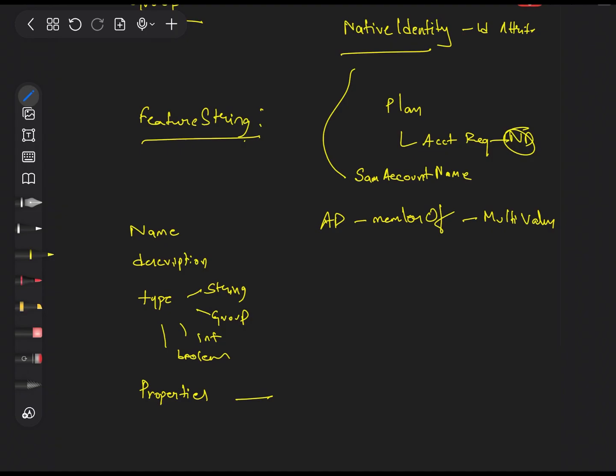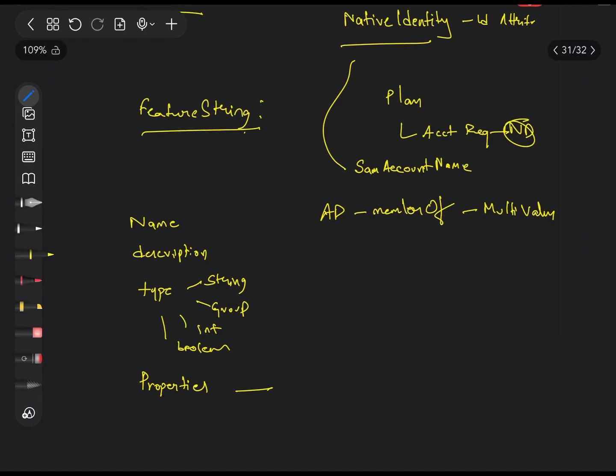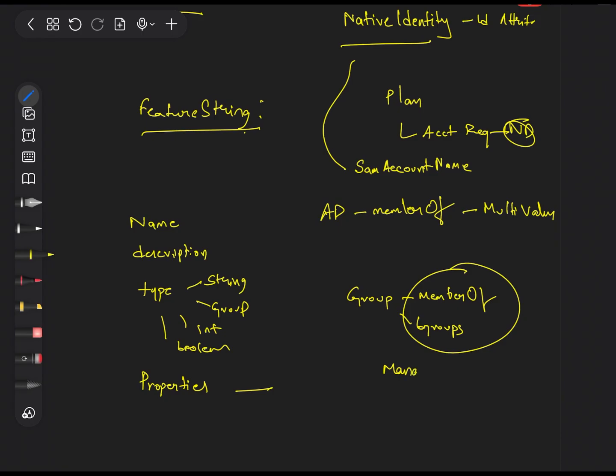You will see advanced properties like managed, entitlement, multi-valued, correlation key, mineable and so on. Let's say in case of AD it is member of, or in some application you have added it as groups. For these you have to consider it as managed and entitlement.